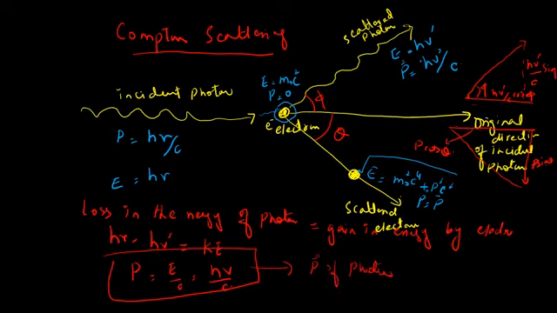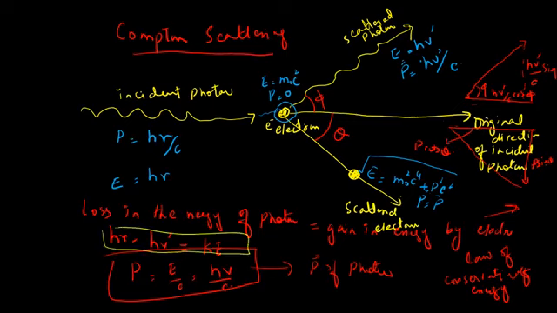Now this was the law of conservation of energy. According to the law of conservation of energy, the energy lost by the incident photon is equal to the energy gained by the electron, so h mu minus h mu prime will be equal to the kinetic energy.